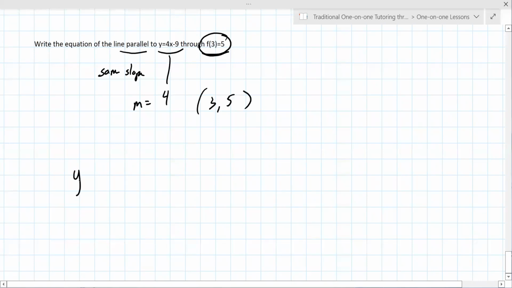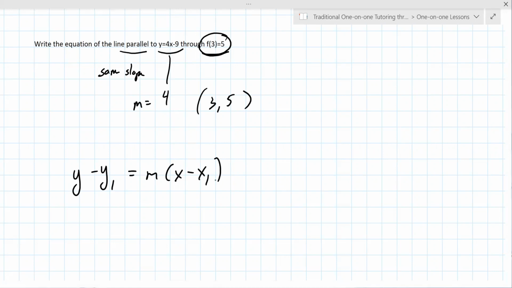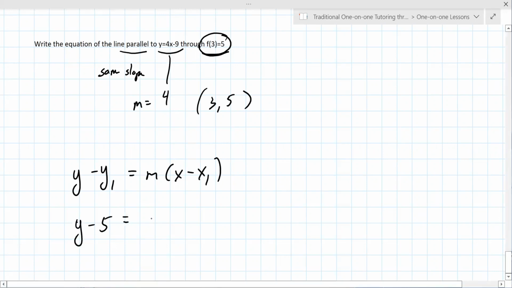So now you want to write y minus y1 equals your slope, x minus x1. Okay. So, y minus 5 equals 4 parentheses x minus 3. Good.